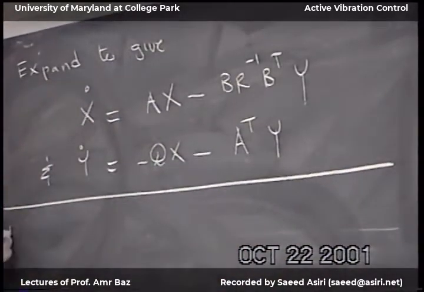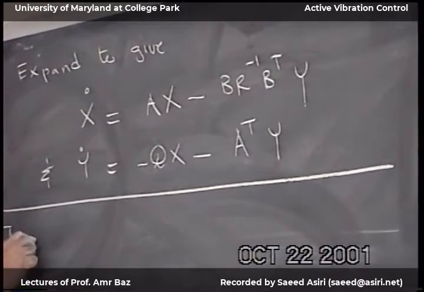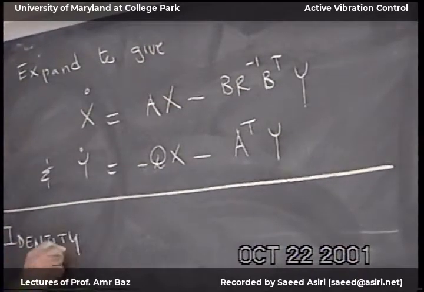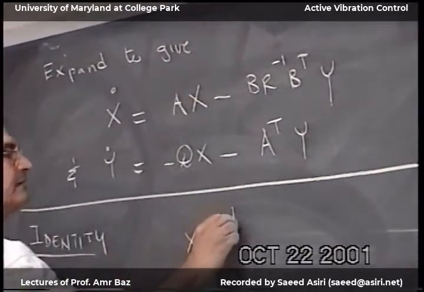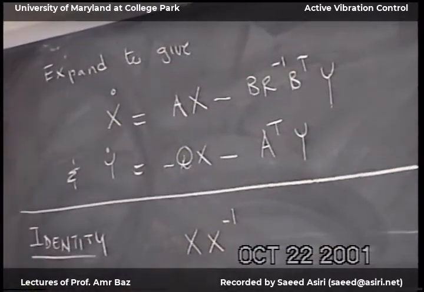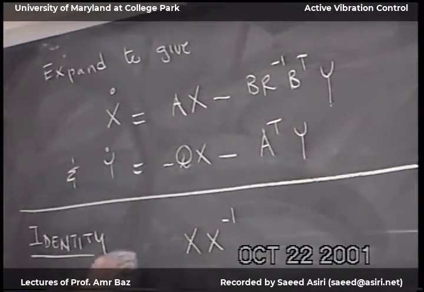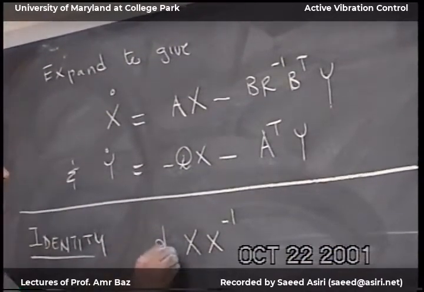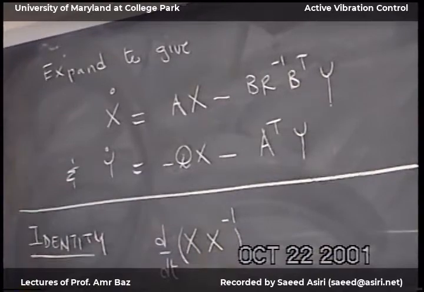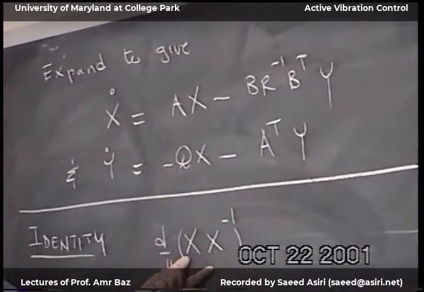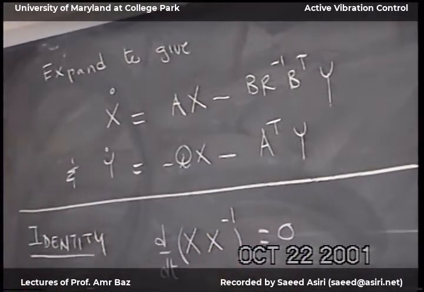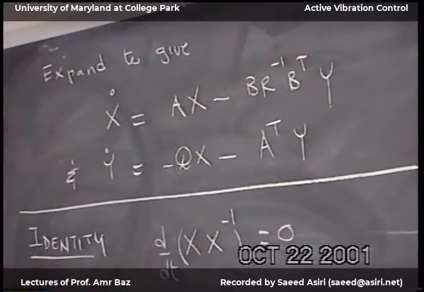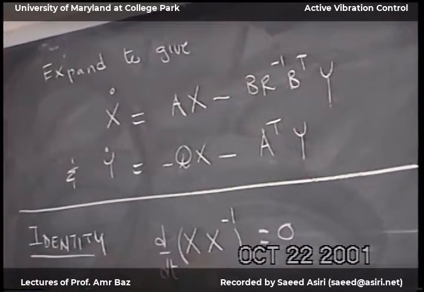I'm going to look first at an identity: x and x inverse, and I want to calculate its time derivative. Of course, this is the identity matrix, so the time derivative is equal to 0. But now I want to expand this. So this is a time function, this is another time function.